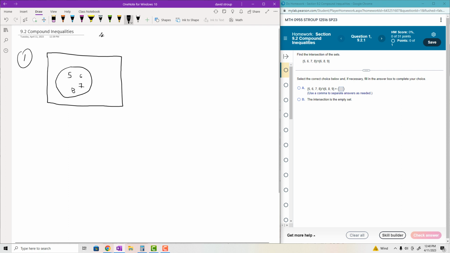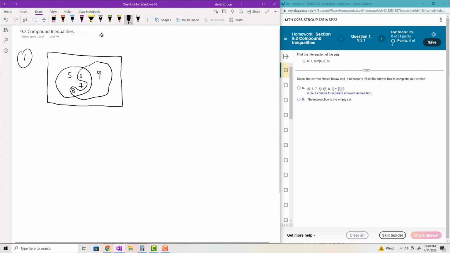And then maybe you have another bubble and it has some of those numbers, maybe not all of them. Like this. So we're going to look at intersections and unions of these kind of bubbles. We'll call them sets instead of bubbles, but there's the idea.